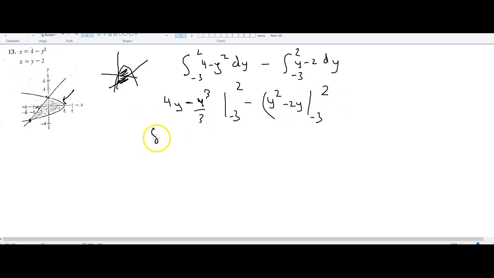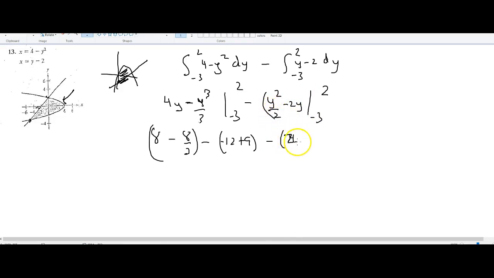Plug in my 2, I get 8, minus 8/3, minus plug in my -3, I get -12, 27, so this goes plus 9, minus plug in my 2, I get 4, oops, I didn't divide by 2, so I get 2.